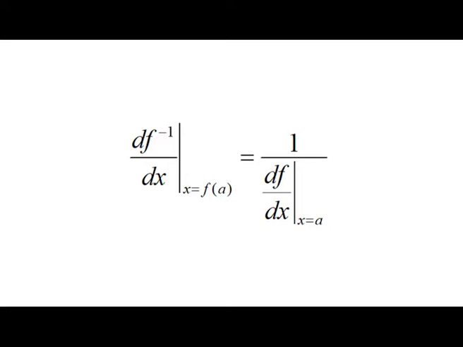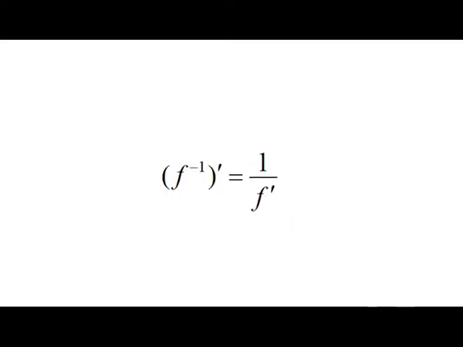That is, d by dx of f inverse at x equal to f of a is same as 1 by df by dx at x equal to a. In short, f inverse dash equal to 1 by f dash.